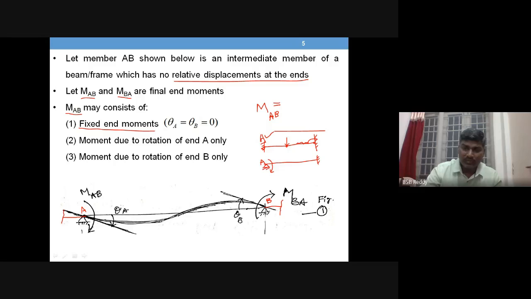Because of this rotation, you will have some moment at A, that we call M dash AB.